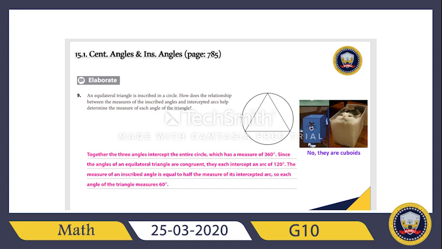So if this arc is a third of 360, which is 120, then half of it is 60. So this angle is 60 degrees. The same thing here: this is 120, and its inscribed angle will be half of 120, which is 60. The same thing for this one, it should be 60 since its intercepted arc is also 120 degrees.